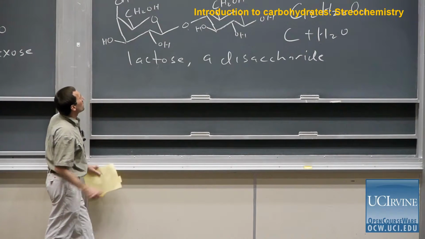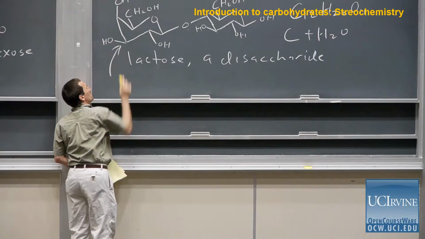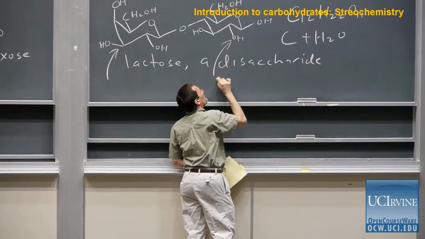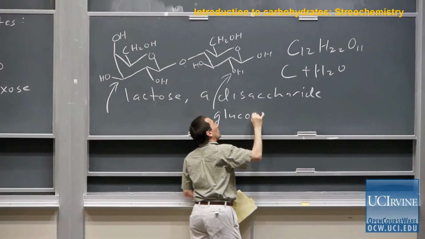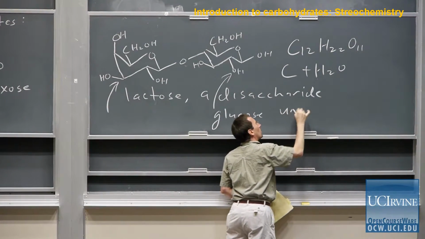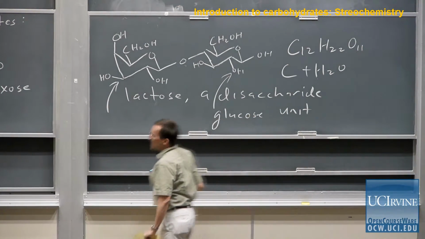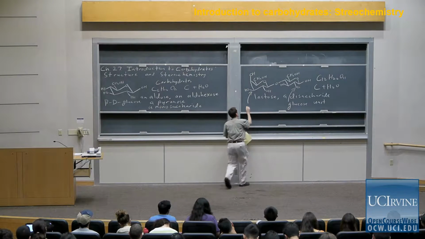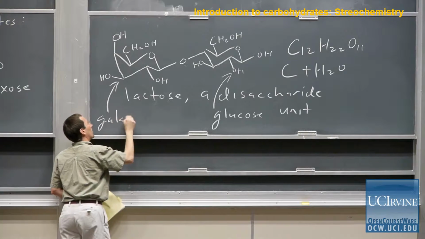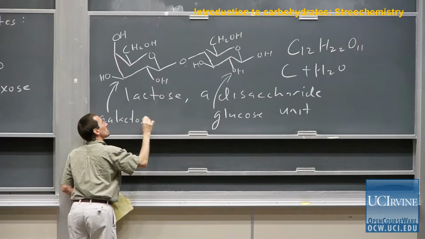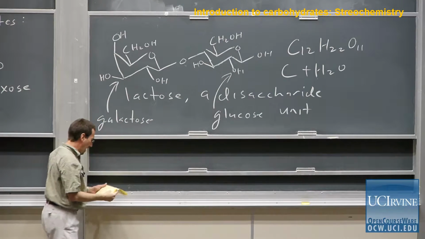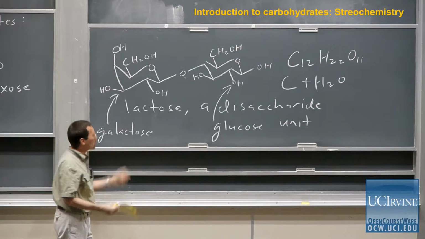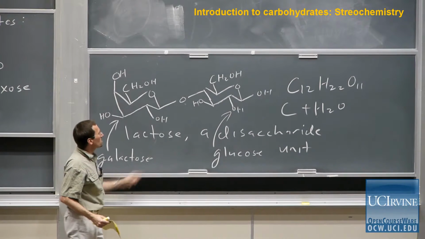So if you look at our lactose, as I said, we have 2 units in it. We have our glucose unit. And now we have another sugar unit in it, and this is a galactose unit. So galactose, let me draw out galactose and glucose in just a second, but I just want to make one last point.